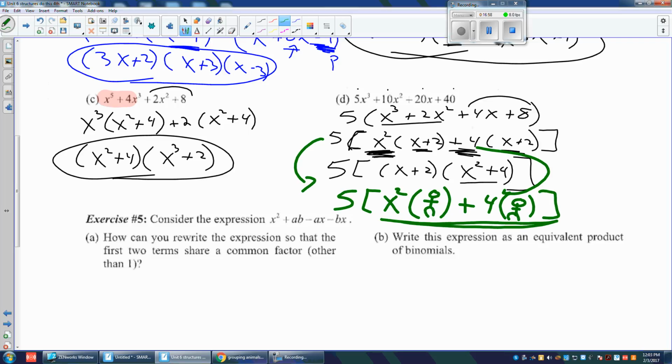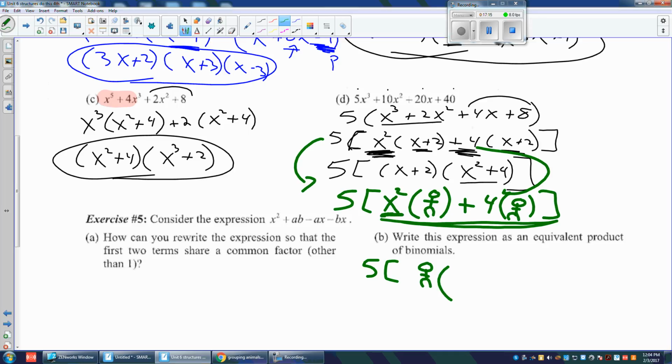So when I'm factoring this part, x squared monster plus 4 monster, they have a common factor. They have monster together. Okay, so I'm left with 5, and then factor the monster.